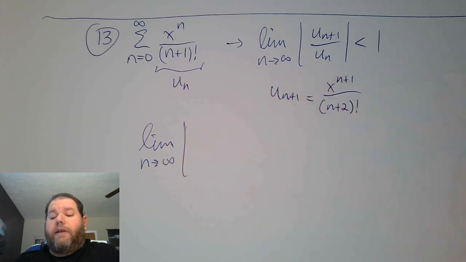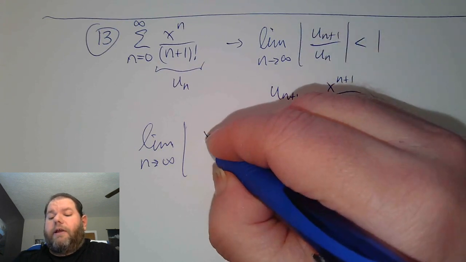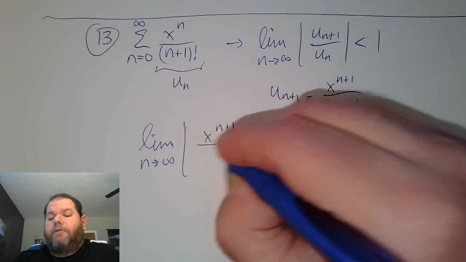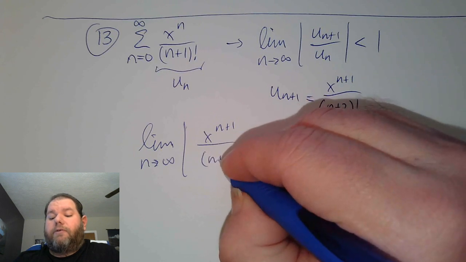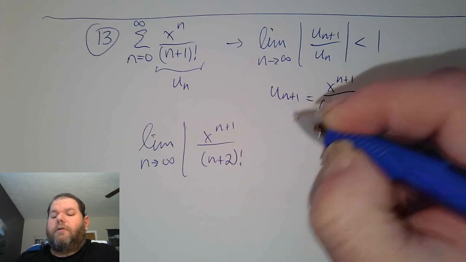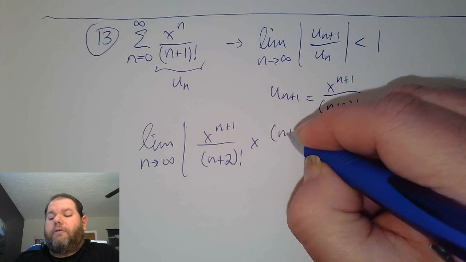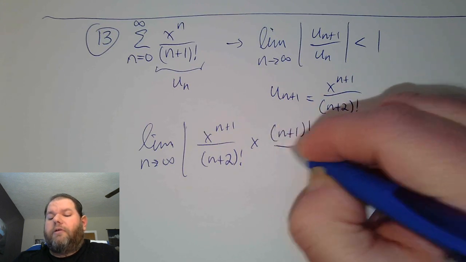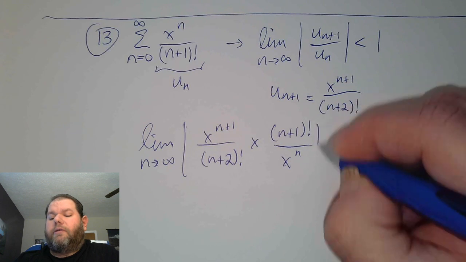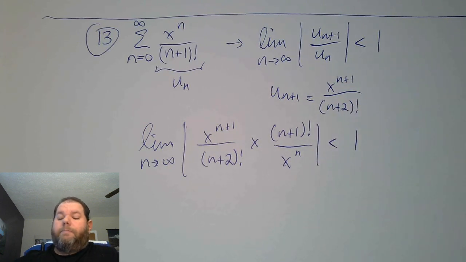And this is inside the absolute value. So x to the n plus 1 over n plus 2 factorial times n plus 1 factorial over x to the n. This has to be less than 1.